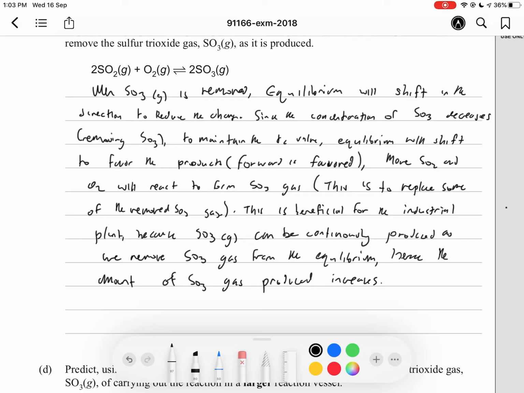So there's 3 moles of gas particles on our reactants, and only 2 moles of gas particles on our products. Therefore, the equilibrium will shift in the direction to produce more gas particles, so the reactants will be favored. Some of the SO3 gas will react to form back into SO2 and O2, so equilibrium will favor the backwards reaction.